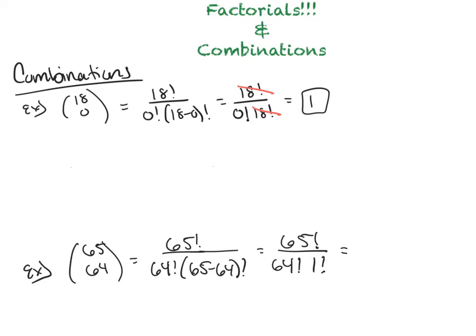So this is 65 times 64 times 63 times 62 times 61 all the way down to 3, 2, 1. And it's divided by 64 factorial times 1, but that's 64 times 63 times 62 times 61, all the way down to 3 times 2 times 1. And that cancels with the 64 on down in the numerator. The only thing that's left is the 65.